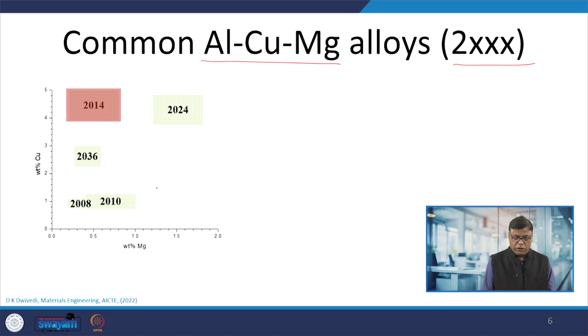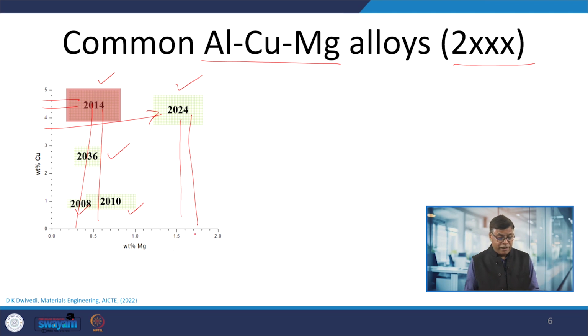So, these are a few common alloys of the 2000 series aluminum alloys, like 2014, 2024, 2036, 2008 and 2010. So, 2014 will have a higher composition of copper and lower magnesium, but on the other hand 2024 will have higher copper and a higher concentration of Mg as well.